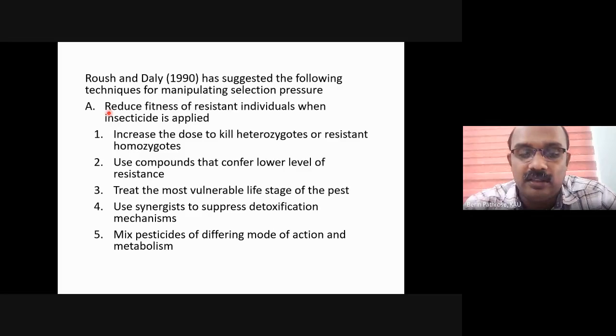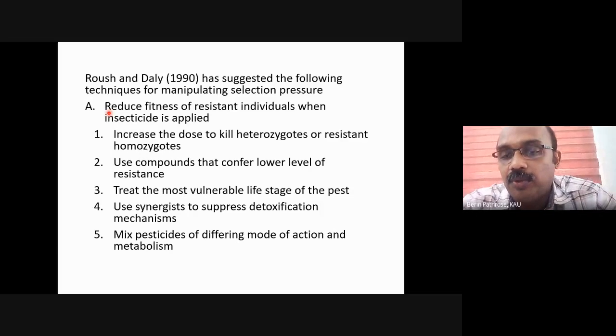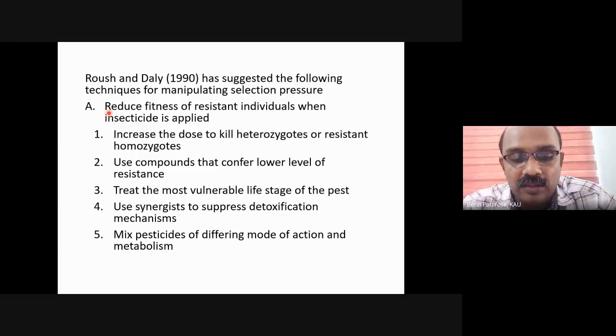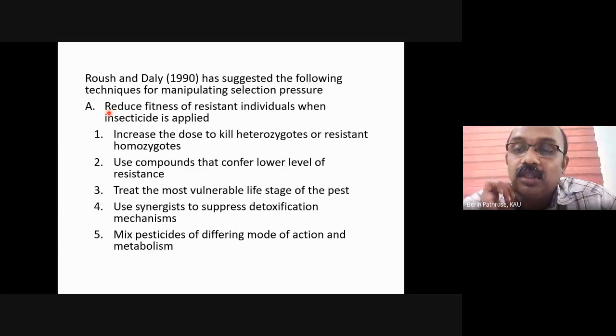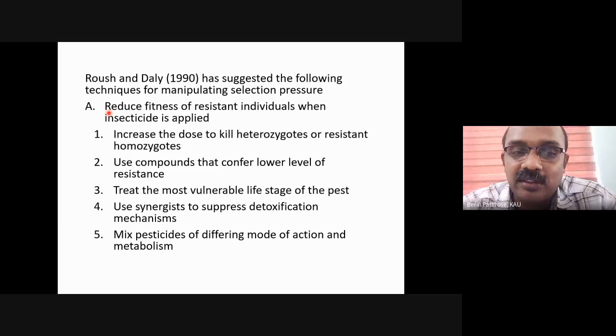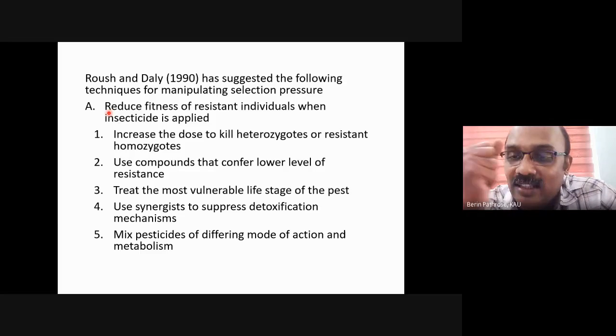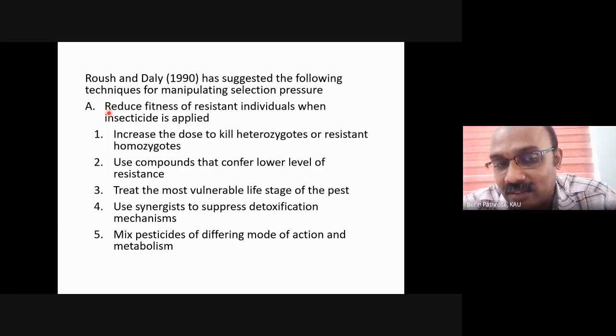Have you heard of it? What piperonyl butoxide does is it inhibits the esterase activity. As it inhibits the esterase activity, there is no enzyme to detoxify the chemical, so the chemical can exert its mortality on the insect. So we can use synergists to suppress the enzyme.